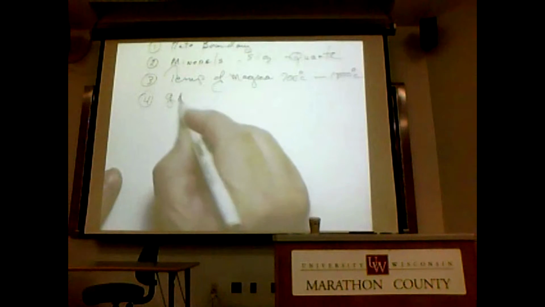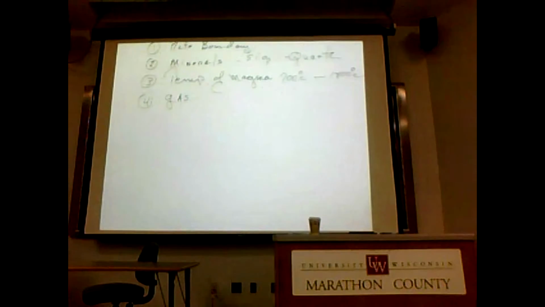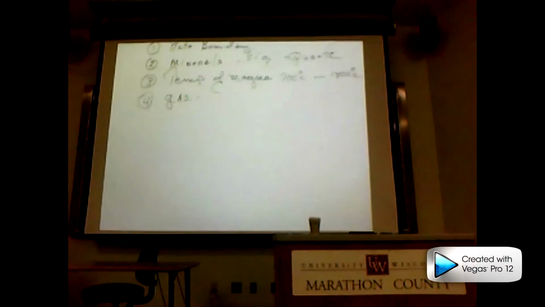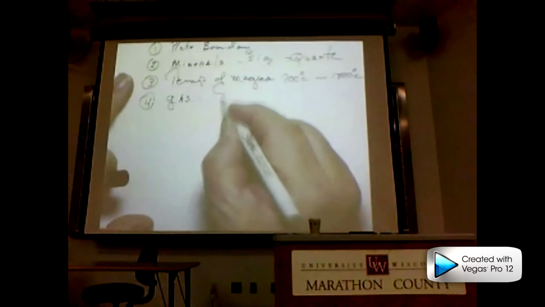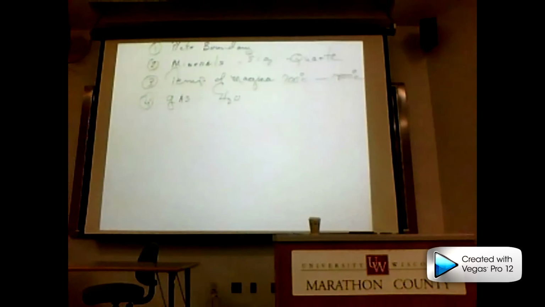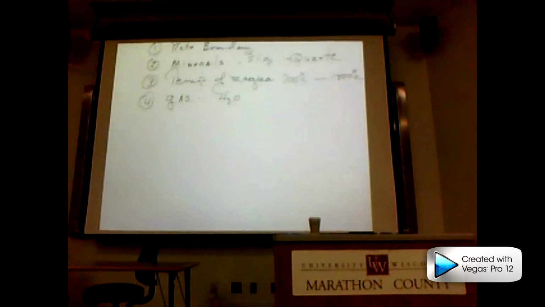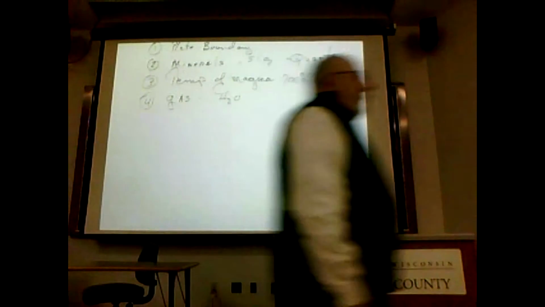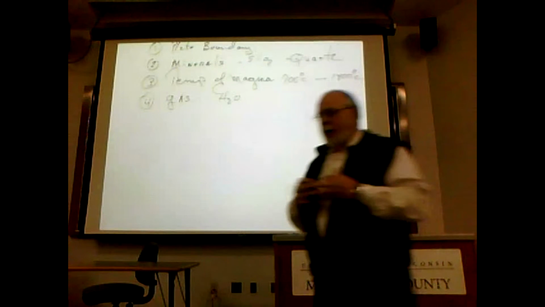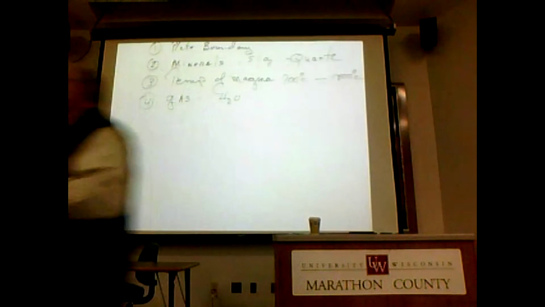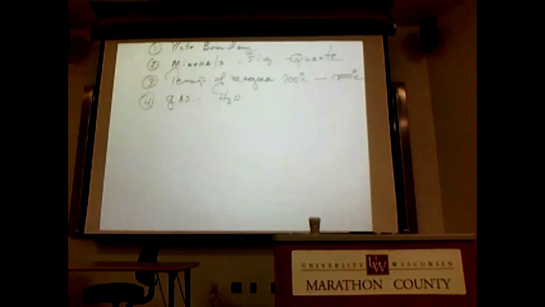Four, the gas content. The most significant gas in any magma, thus lava, is of course H2O. The more water vapor, the more water you have in the magma, the more explosive it's going to be. It will literally tear the rocks apart when it's ejected.